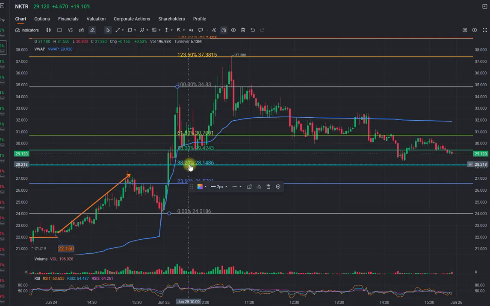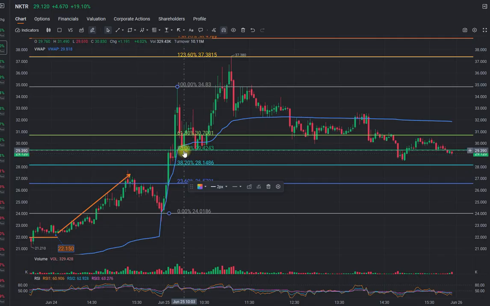Those are very inaccurate entries. They sometimes are not even tested. They are not necessarily round numbers, so they are mainly random numbers that work from time to time. Now if you see a convergence of a round number, a Fibonacci number, and the VWAP, maybe you have something here. Here I see clearly that the 50% Fibonacci is a support level.